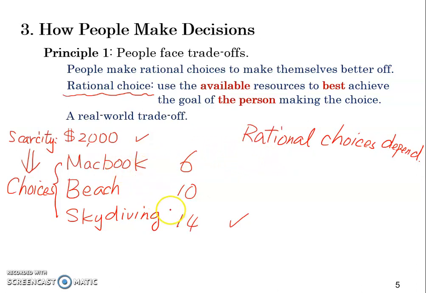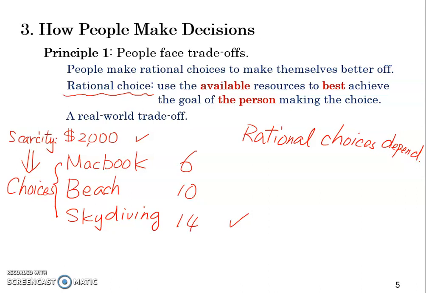Every person's preference is different. So for example, someone in the class may say, I already did skydiving last summer, I don't want to go and do it again, right? Or another decision maker may have heart disease, which stops him or her from skydiving. That's why they went with other choices, right?